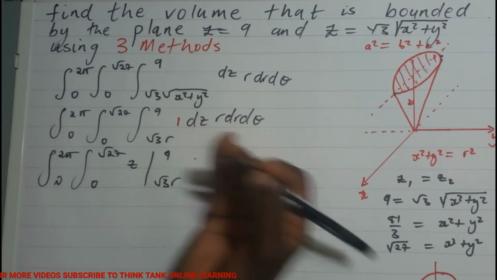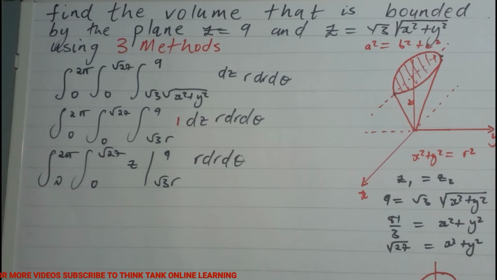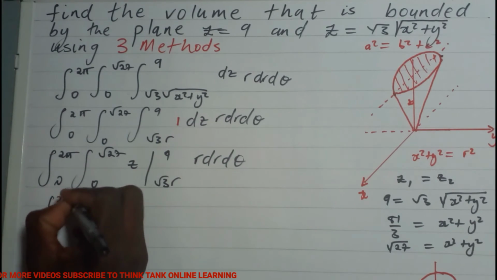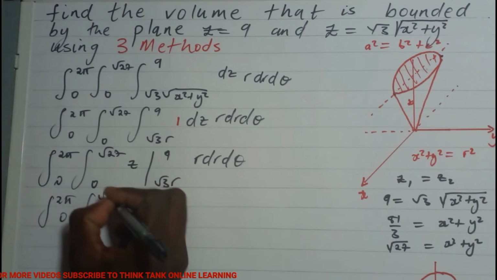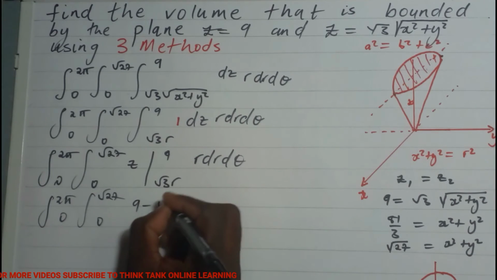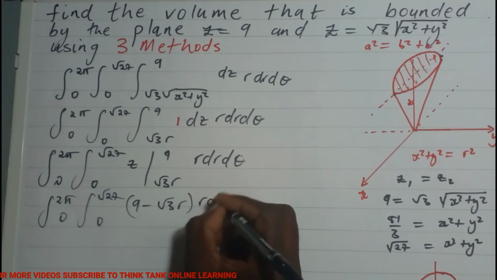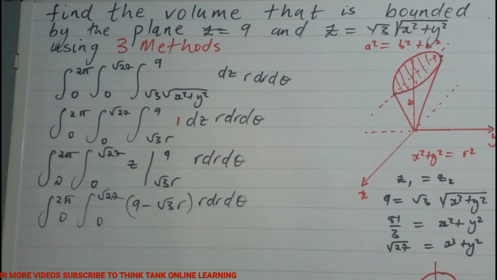We no longer have dz, so it's now r dr d theta. So we're going to say upper bound minus lower bound. Simple. 2 pi 0 root 27 0 is going to be 9 minus root 3 r. Okay, don't forget this r dr d theta.